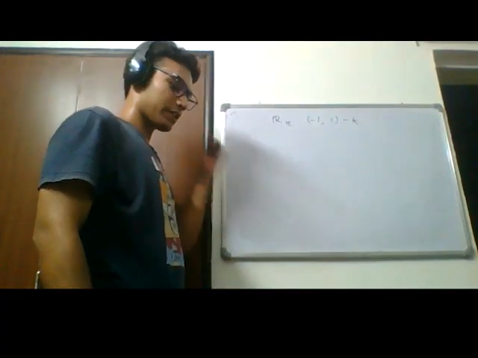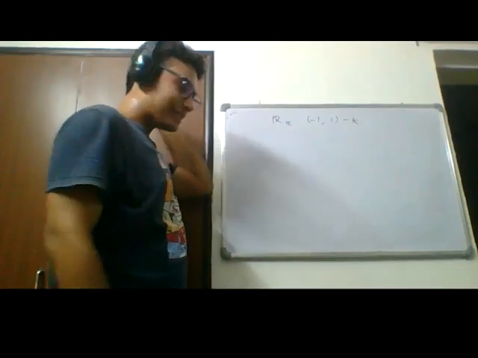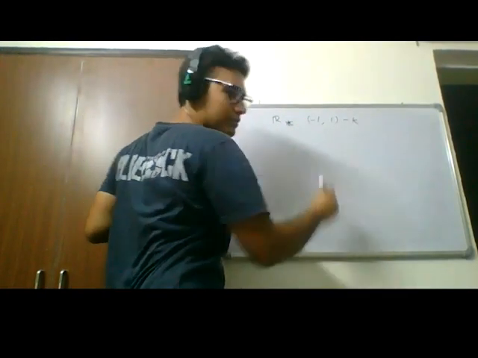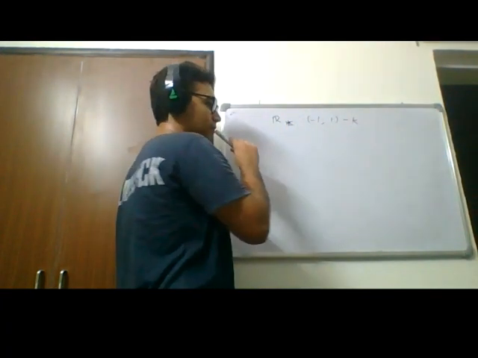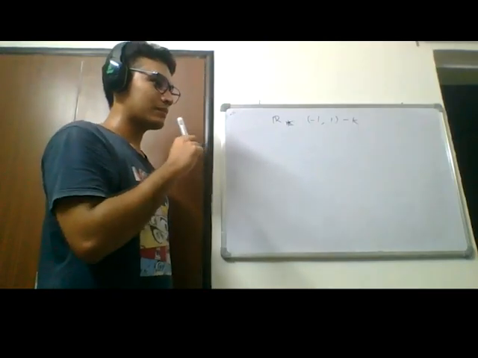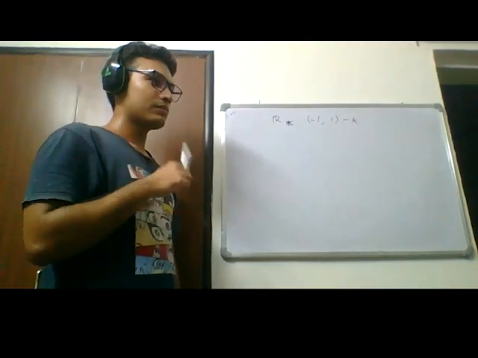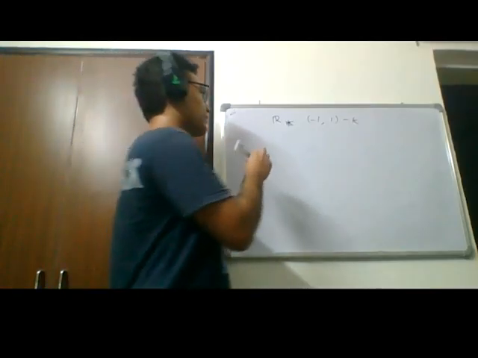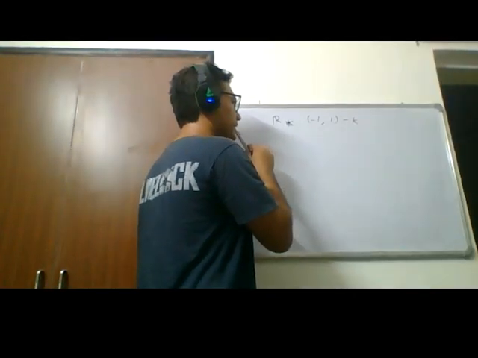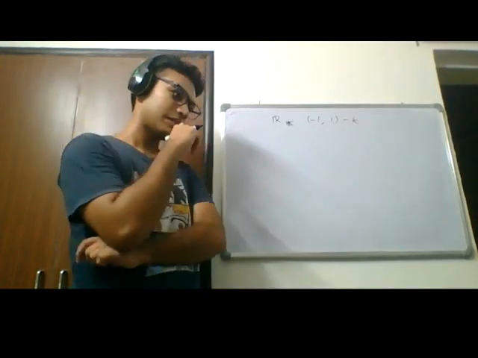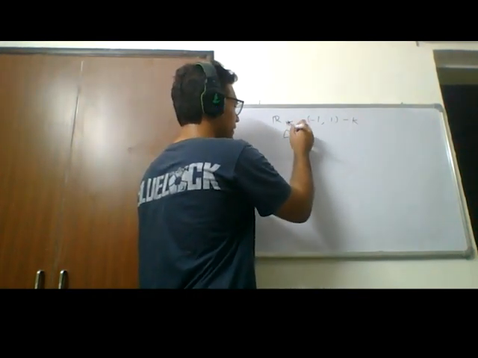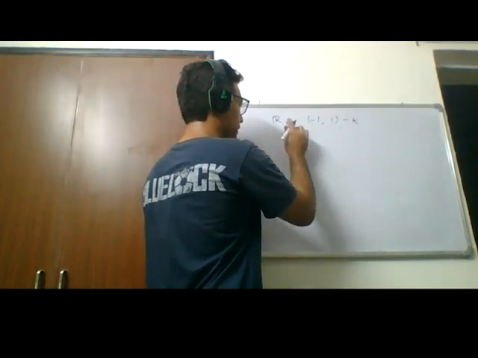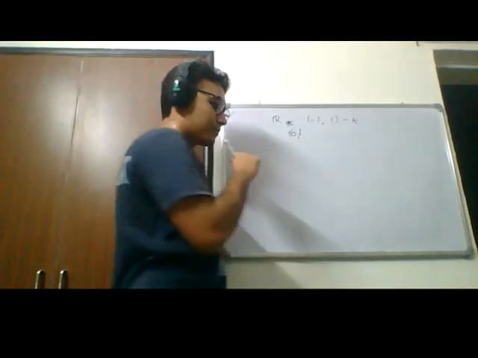Oh, is it capital K here? I'll just check. Yeah, it is. For this one, first of all, realize that the singleton zero might just be open. Let me just check that.